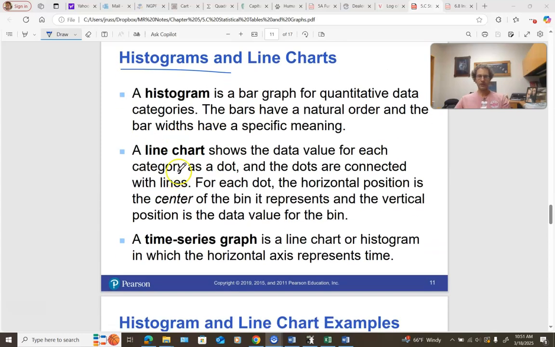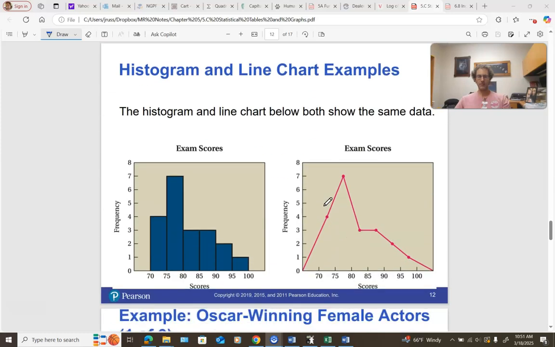And then a line chart shows the data value for each category as a dot, and the dots are connected with lines. For each dot, the horizontal position is the center of the bin it represents, and the vertical position is the data value for the bin. So for example, using the same data, let me kind of draw this.